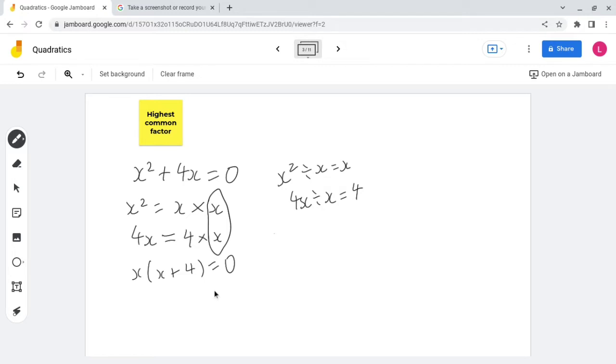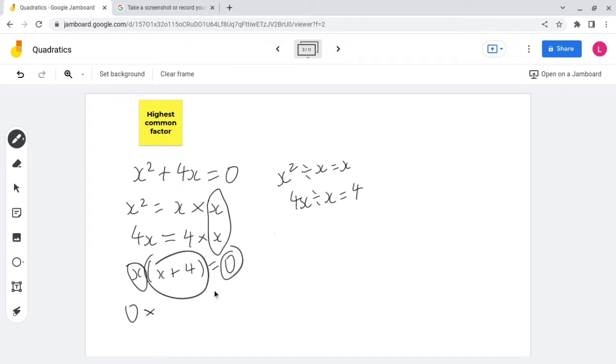Okay. So when you reach here, you must be thinking, how do we find the value of x? If you use some common sense and look at this, in order to get x times x plus 4 equals 0, one of them has to be 0, right?